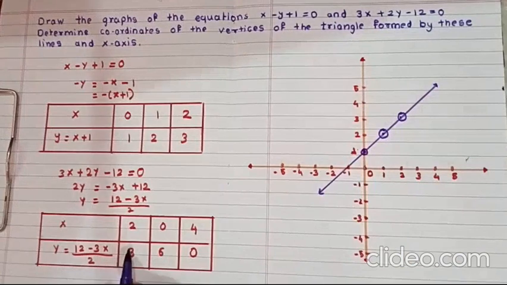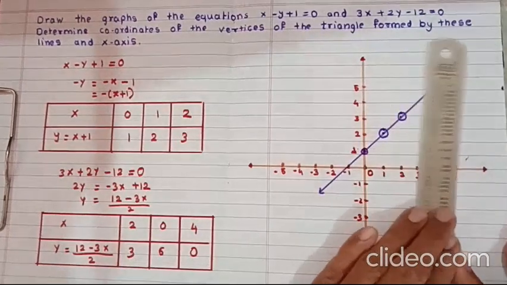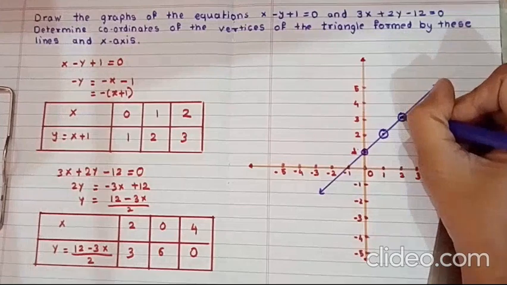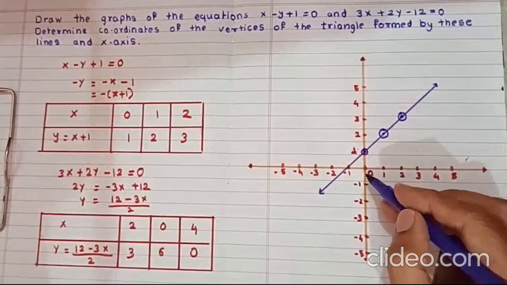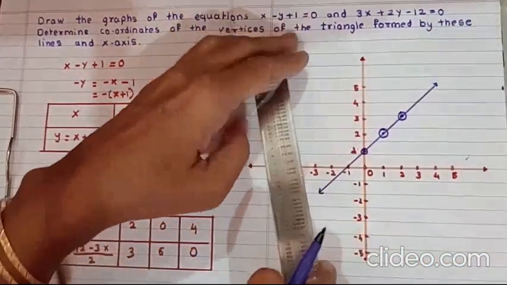The second equation will have x 2, y 3, this will be the same point. 0, 6: x is 0, y is 6 here.